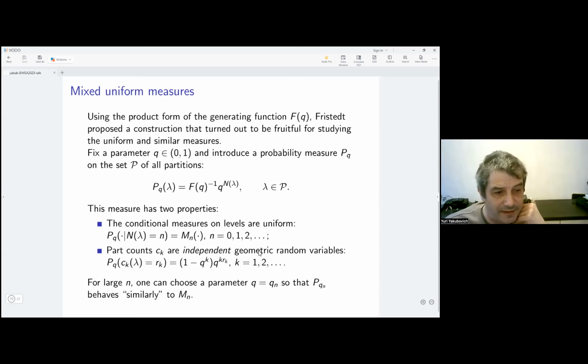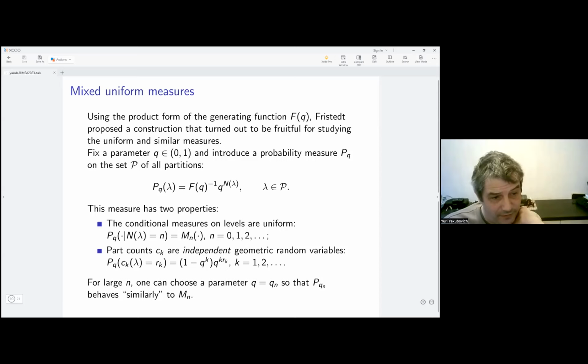Instead of considering a measure on a fixed level, let us consider a measure on the whole graph, which is concentrated in some neighborhood of the level we are interested in.